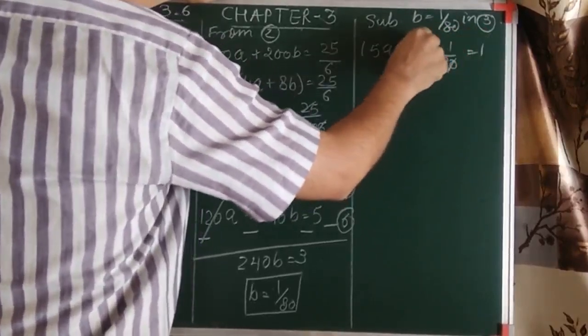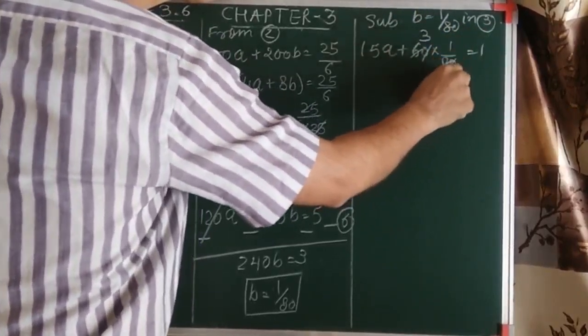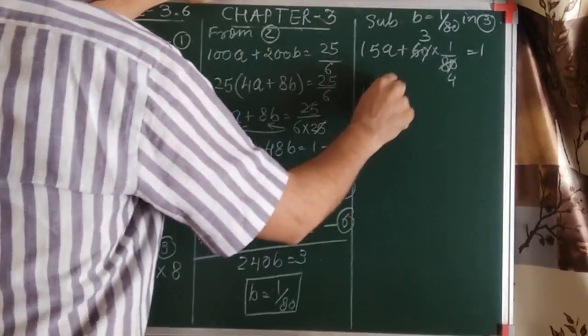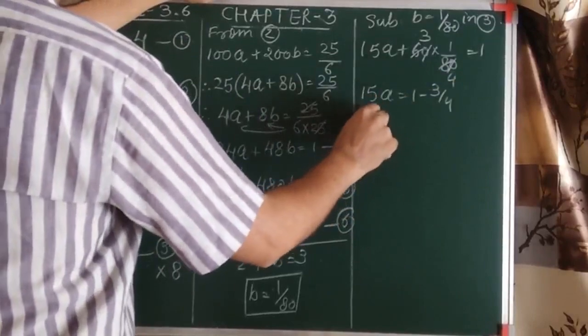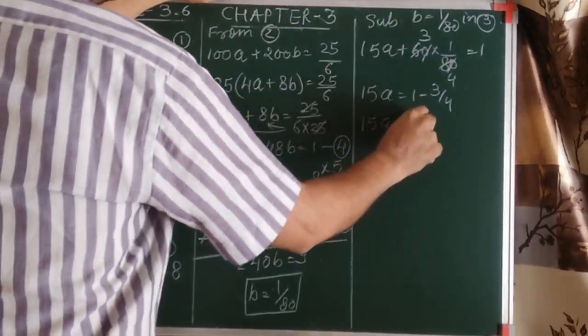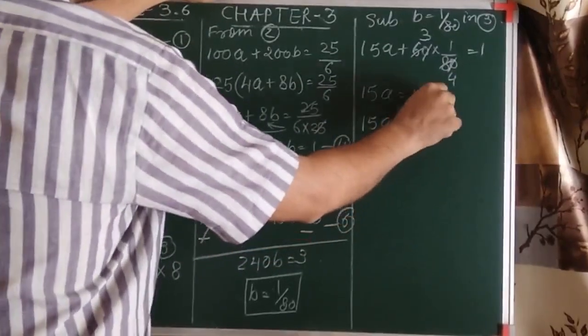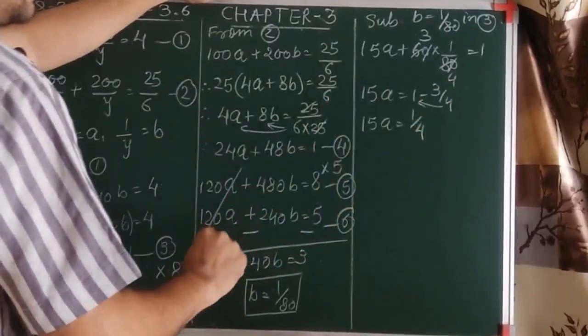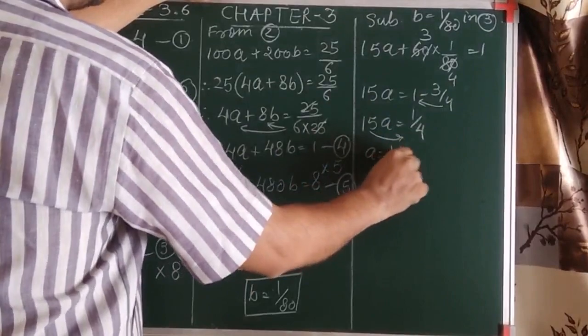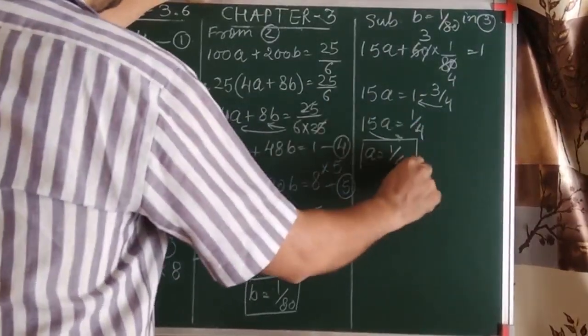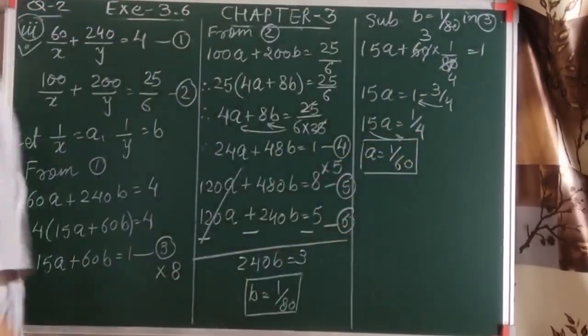These 0s cancel, 2 3s are 6, 2 4s are 8. So 15a is equal to 1 minus 3 by 4. I'll just take the LCM on the right hand side, so it will be 1 by 4. How is it? 4 ones are 4 minus 3. I have written it directly. So a is equal to, I'll take 15 to the right hand side, so it is 1 by 60. 15 comes in the denominator.